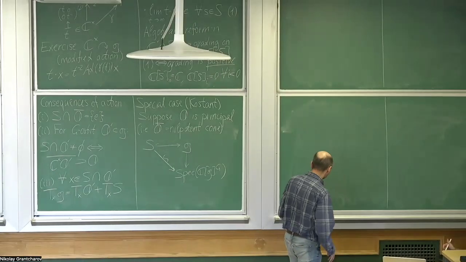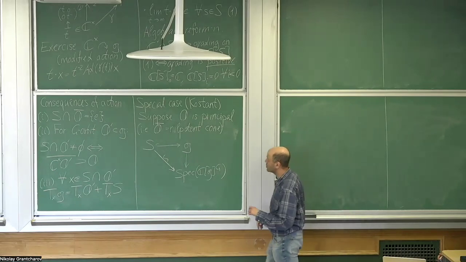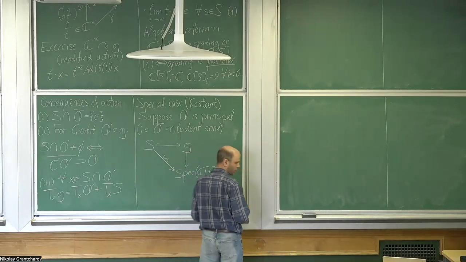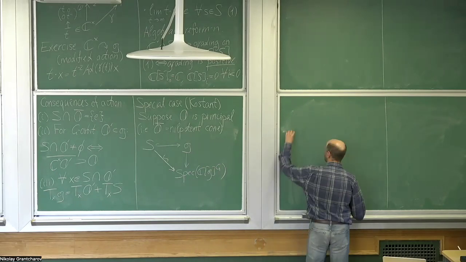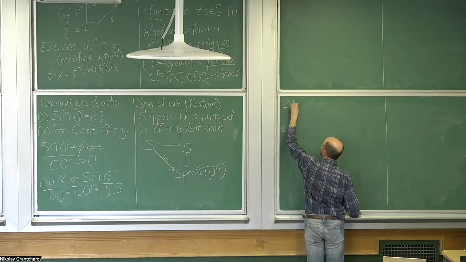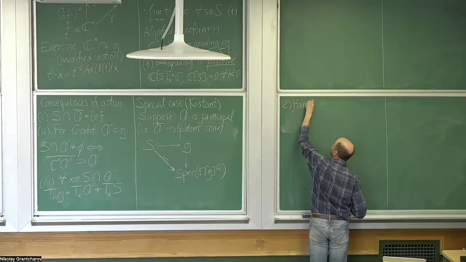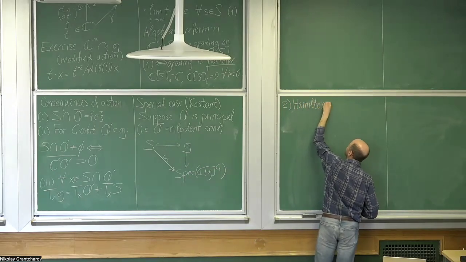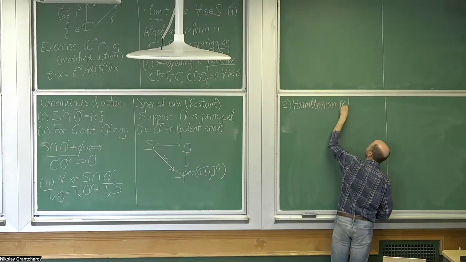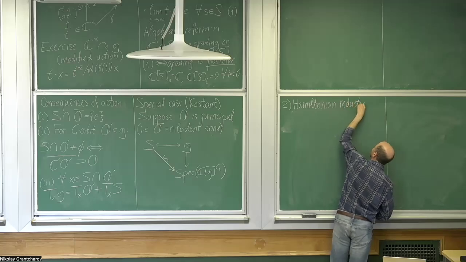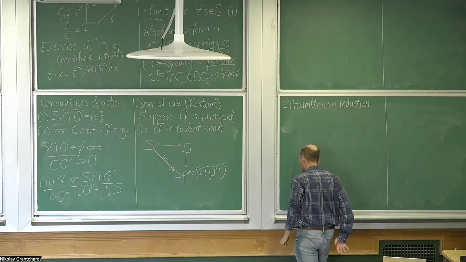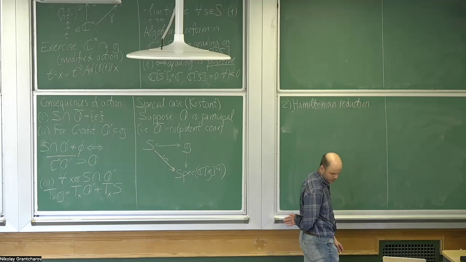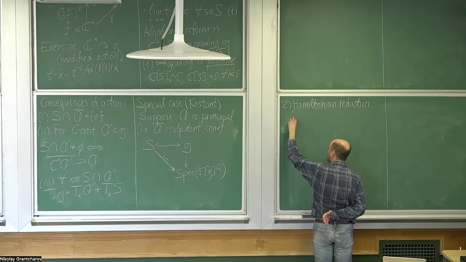All right. So this is what I had to say about Slodowy slices. Let me now talk about the Hamiltonian reduction construction. This construction starts with the following setup.